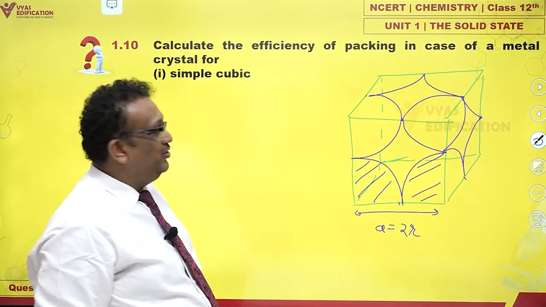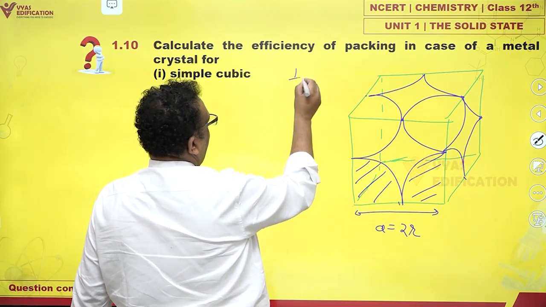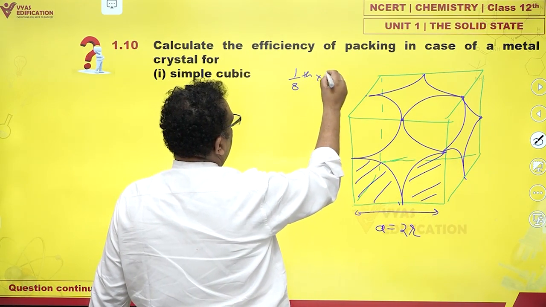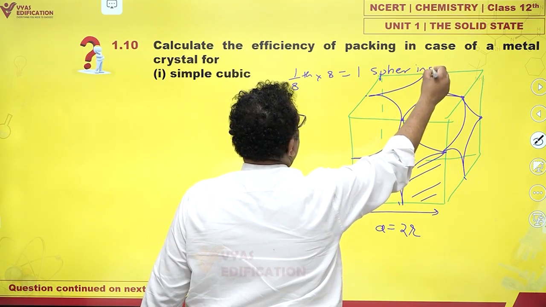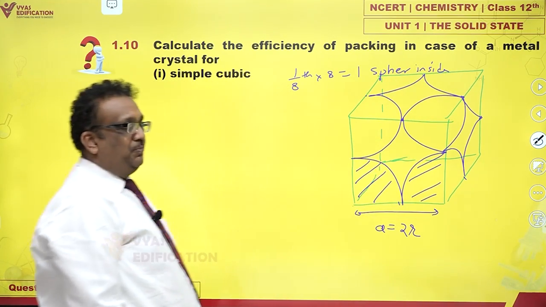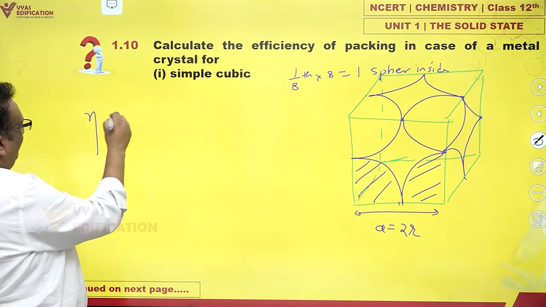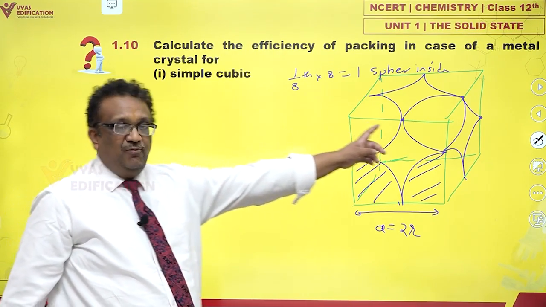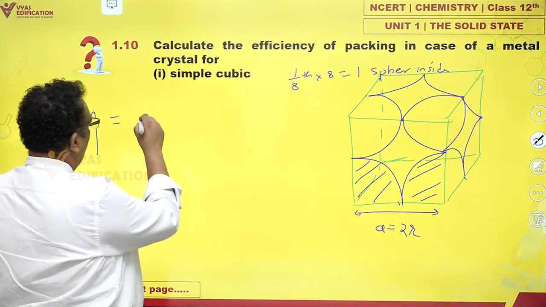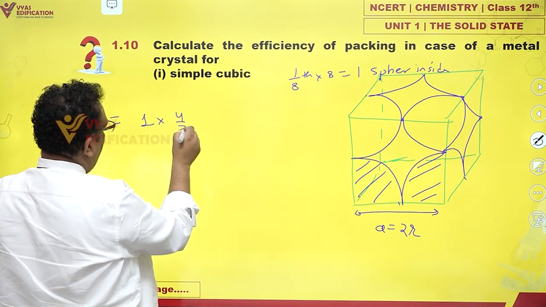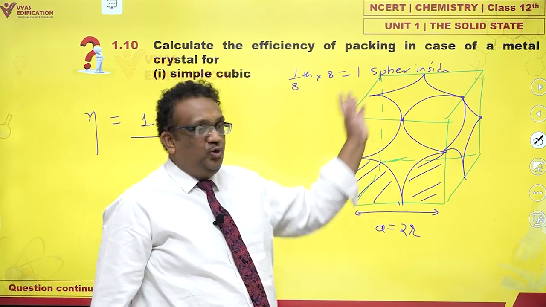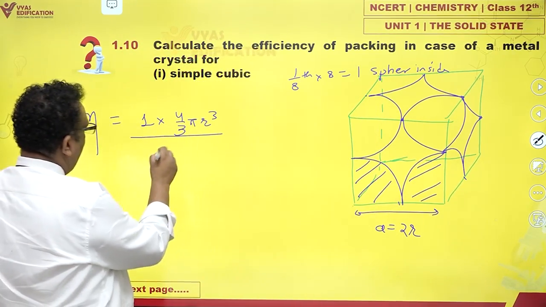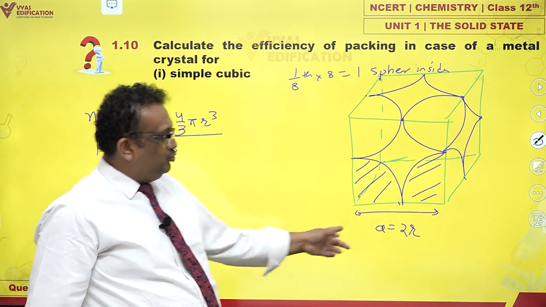What is the occupancy of this unit cell? There are 8 corners, 1 sphere inside. So packing efficiency is, what is the volume occupied? Volume occupied is the volume of 1 sphere. So 1 sphere, 4/3 πr³, divided by volume of entire cube. Entire cube is a³. But a is equal to 2r.